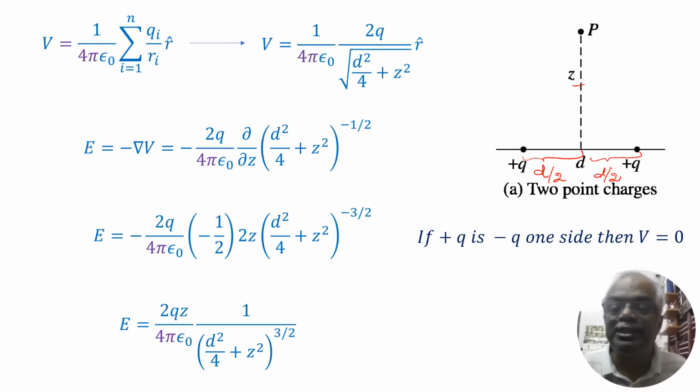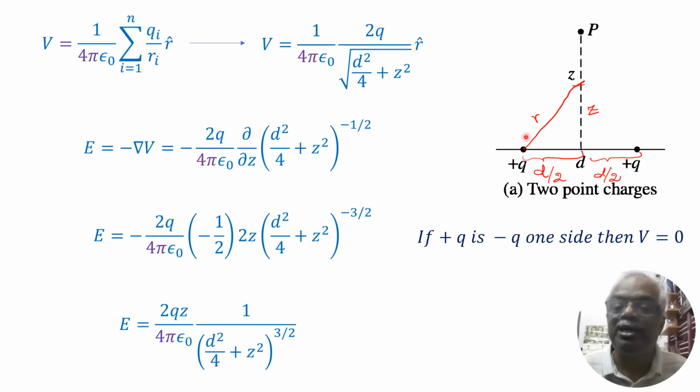Then, what is the distance between this charge and this point z over P? This is R, the distance R. We need to know R. So q_i, two times, we have to add: plus q, plus q, you will get 2q.